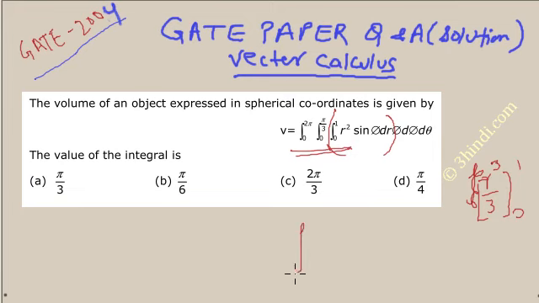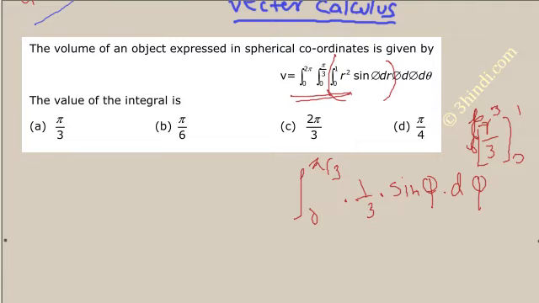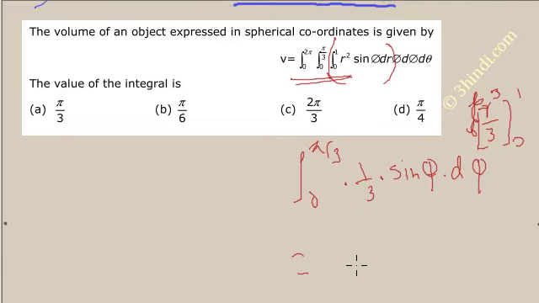Now for the second stage, 0 to pi by 3, 1 by 3 into sin phi into d phi. This is the second stage integration, and if you integrate it, you will get minus 1 by 3 into cos phi, with limits pi by 3, meaning 60 degrees, and 0.